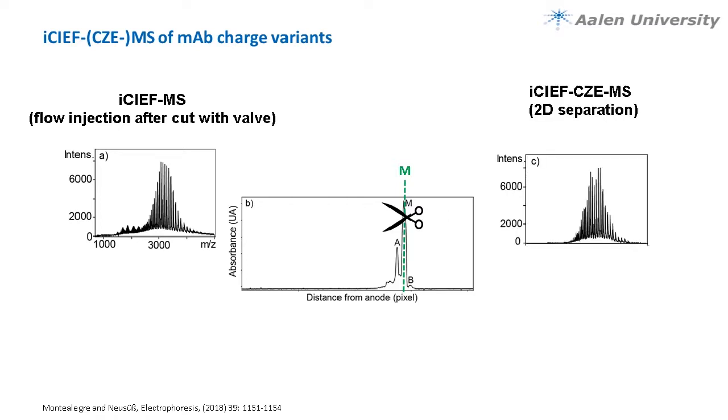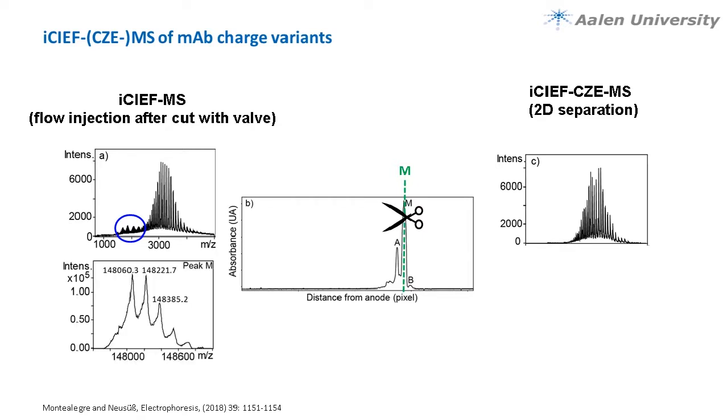And if you do it in the two-dimensional setup, you see this much cleaner. The spectrum is much cleaner than with a flow injection system, so you don't have these tiny little peaks on the left-hand side. And indeed, the deconvoluted mass spectrum is much purer.